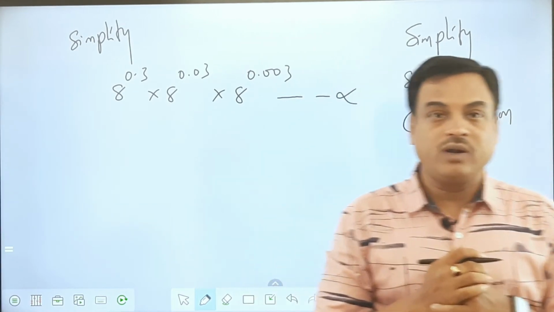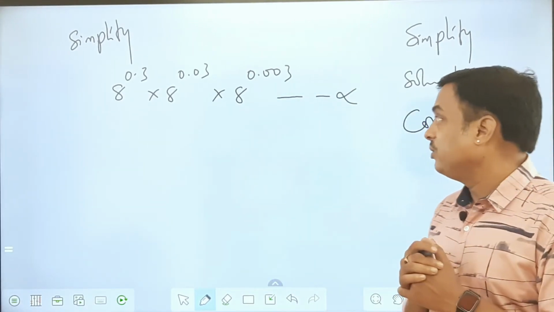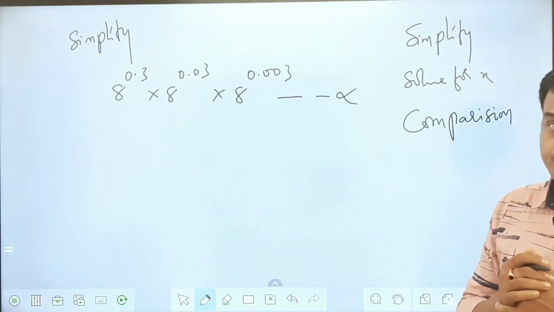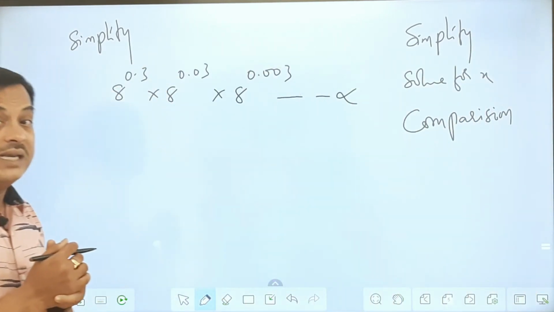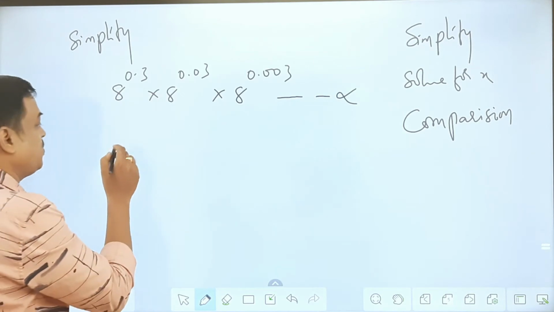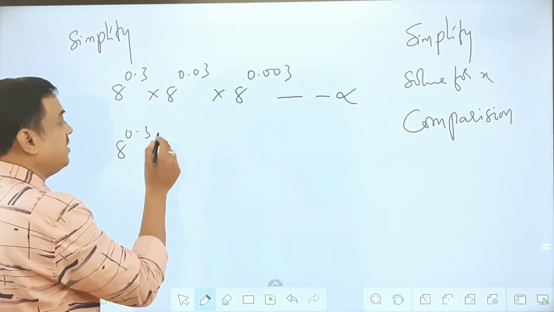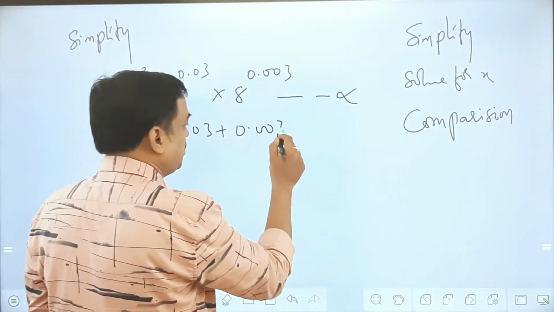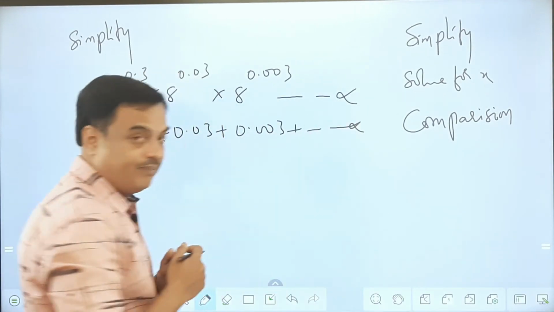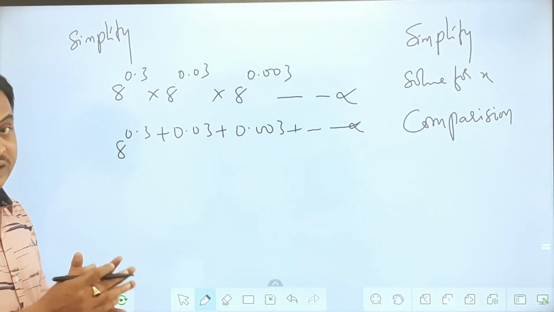Okay, 8 to the power of 0.3, 8 to the power of 0.03. You see, bases are all the same, and we know the rules. If the bases are the same, we should add the powers. So this will be 8 to the power of 0.3 plus 0.03 plus 0.003 and so on up to infinity. There are 2 methods to handle this question.